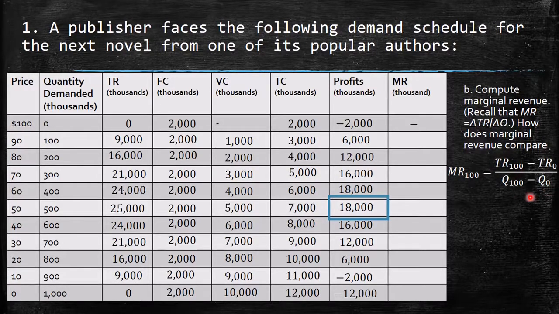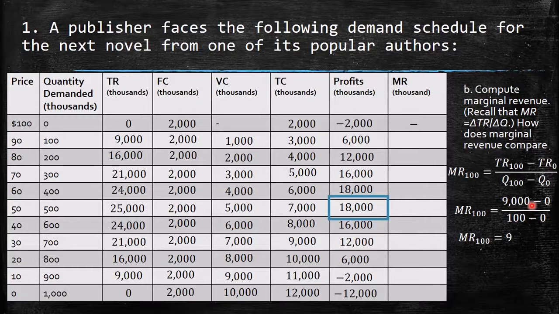Remember, this is all in thousands. The total revenue when you sell 100 units is going to be 9,000, this one minus 0, over 100.